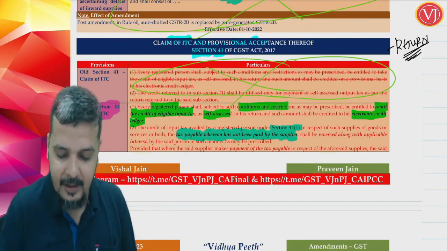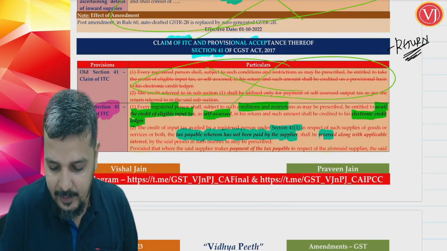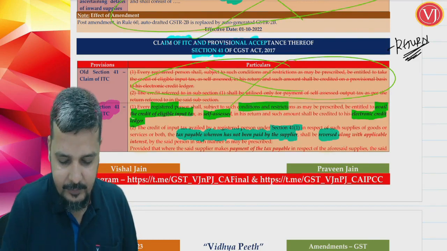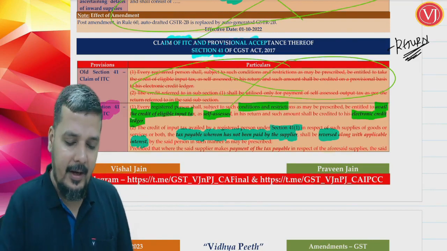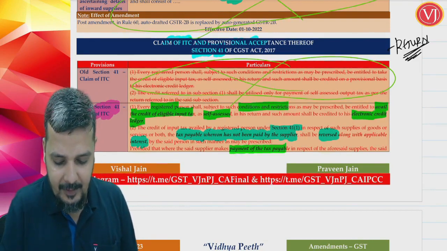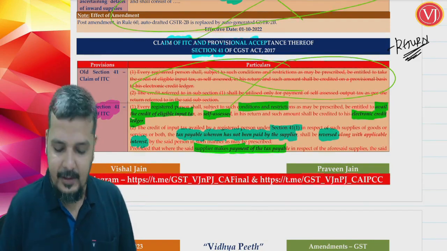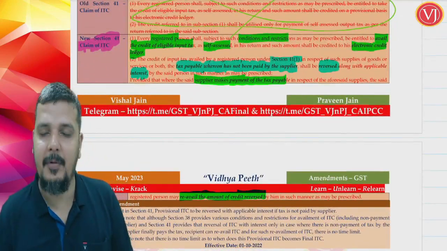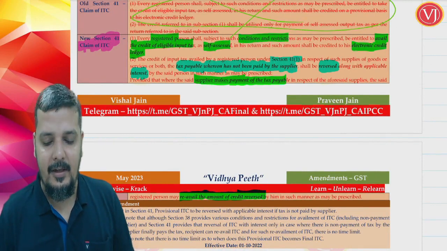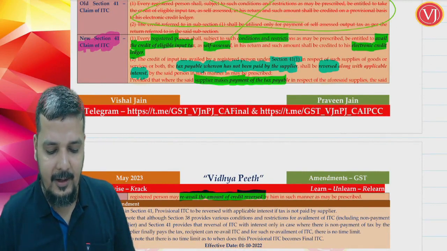If the supplier has not paid the tax, I will reverse it along with interest. And at a later point of time, if the supplier makes the payment of tax, I shall re-avail the credit reversed as may be prescribed. Right. So what again are they trying to tell?